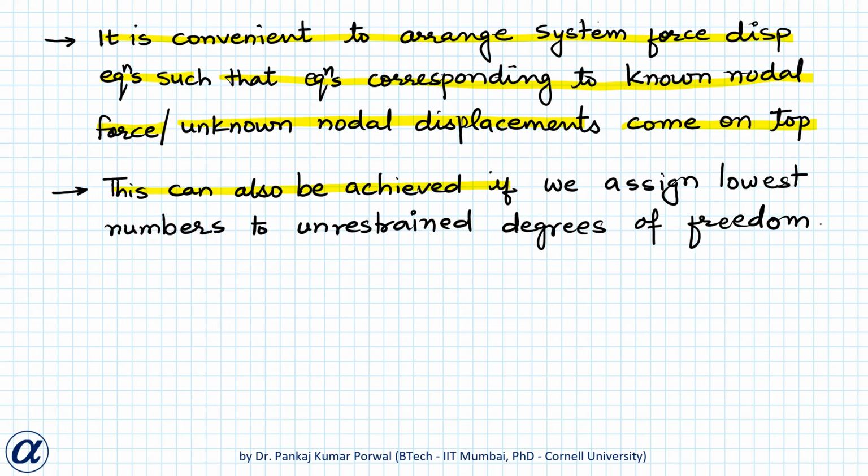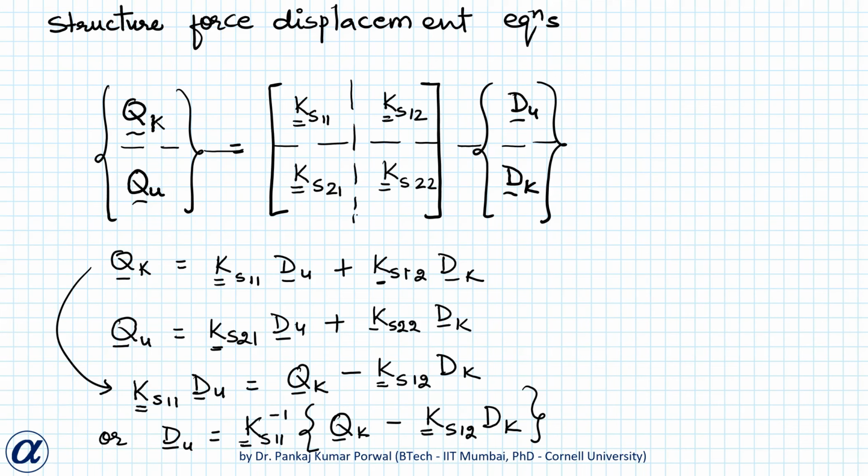This can also be achieved if we assign the lowest numbers to unrestrained degrees of freedom. So once we organize our forces and displacements in this way, then in our nodal force vector, we will have the known forces in the upper part of the vector and unknown forces in the lower part, and corresponding to these known forces, we will have unknown displacements in the top part of the nodal displacement vector and known displacements in the lower part.